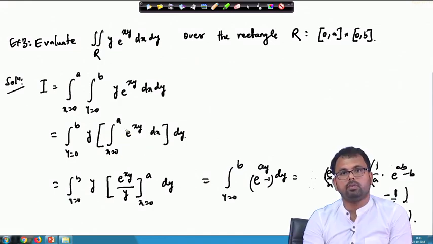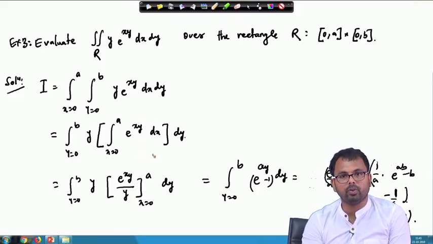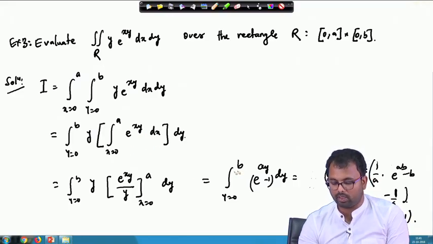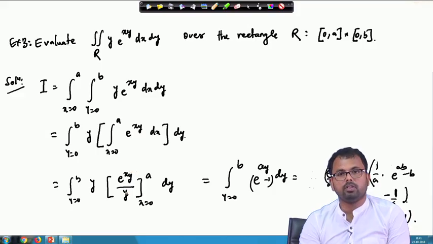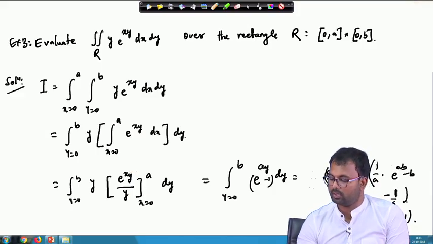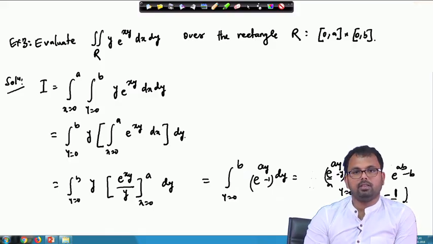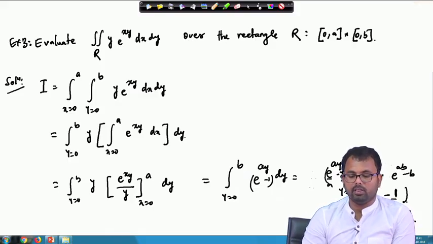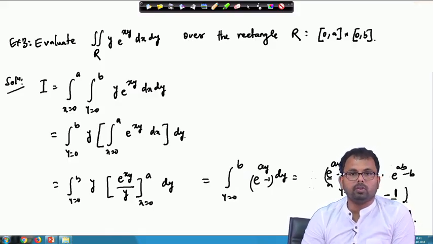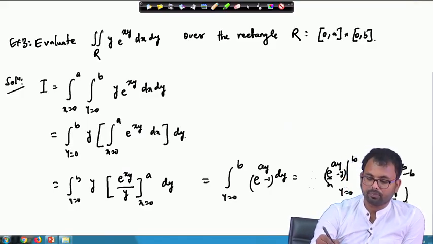So, I started by integrating with respect to x, keeping y as constant, and then after I got this function of y, I integrated it, and this is our final result. So, this is another example where we did the repeated integration for a double integral.